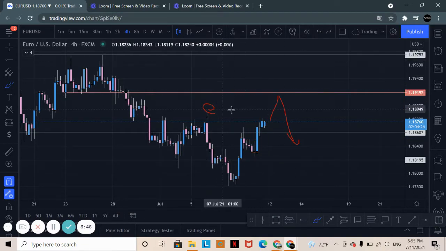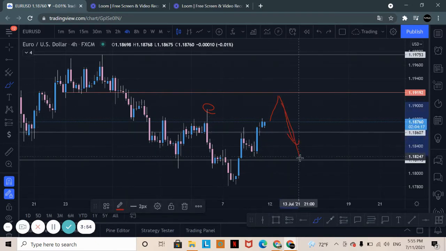But if we do break this high, then I would possibly expect a larger retracement down into around the liquidity under these lows. And then I would still be bullish there.